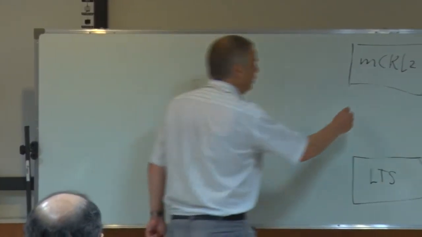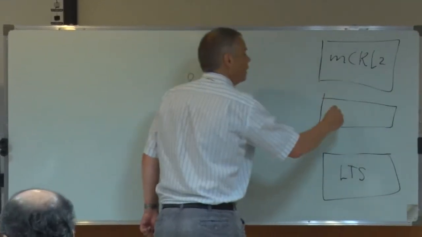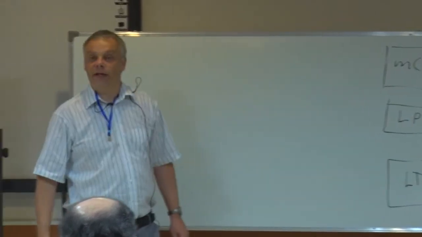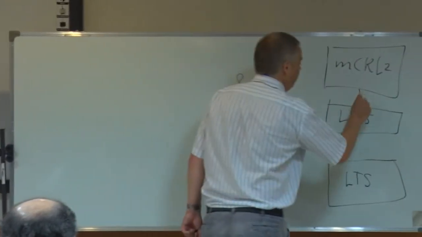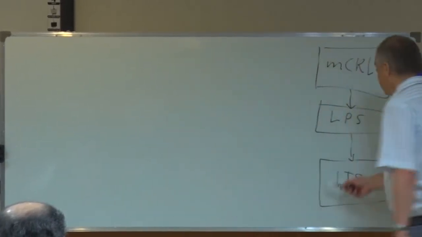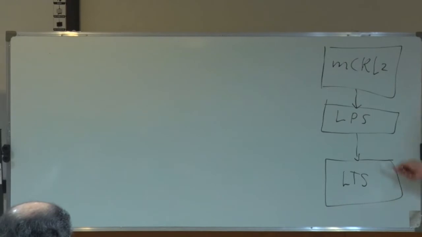But here in the middle, we had linear process specifications. Now, why was this useful? Because often label transition systems were far too big.